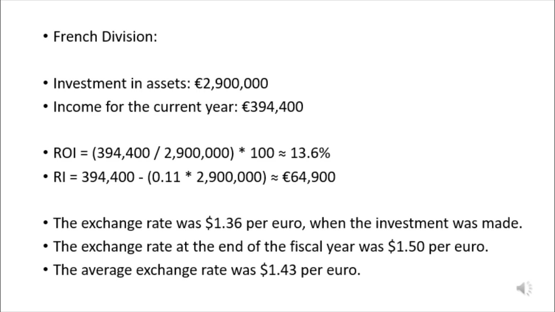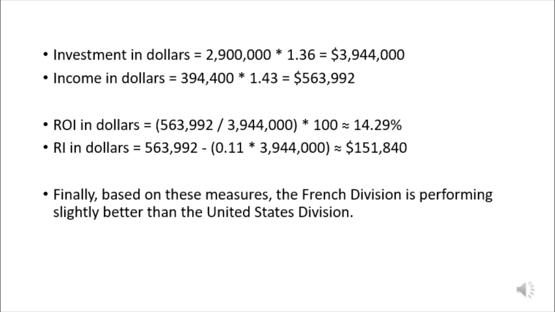We have to take into account the exchange rate at the time of the investment and the average exchange rate. We multiplied the investment amount by the first rate and we multiplied the income amount by the average rate. So we found the investment and income in dollars.